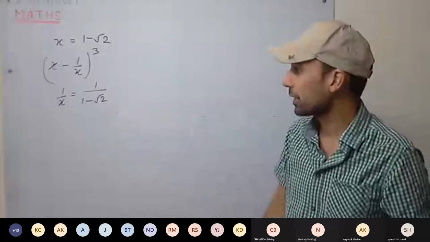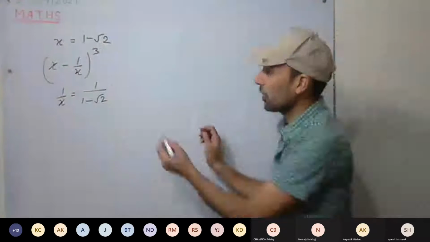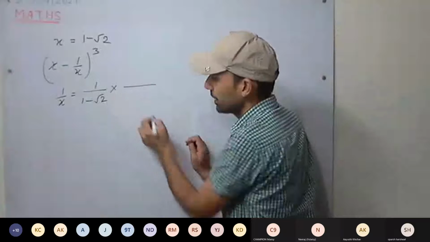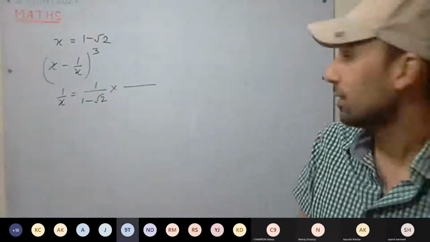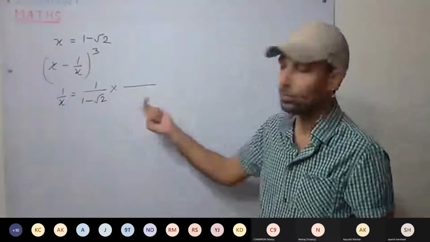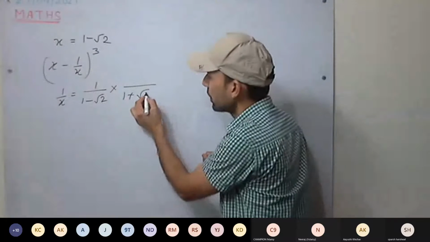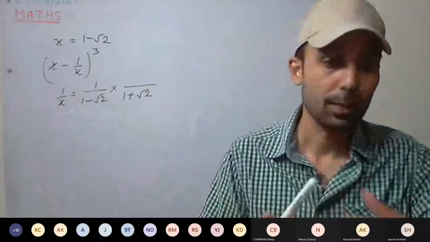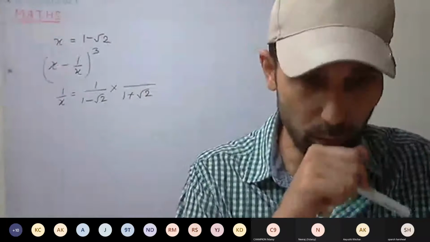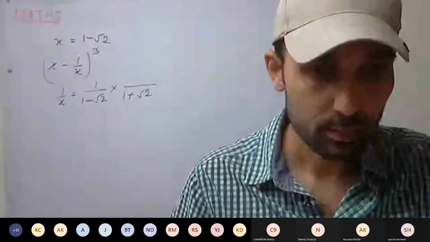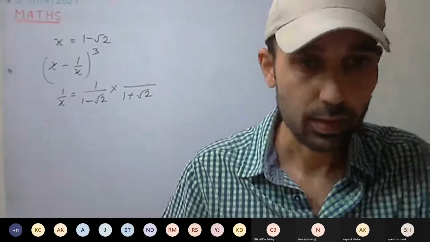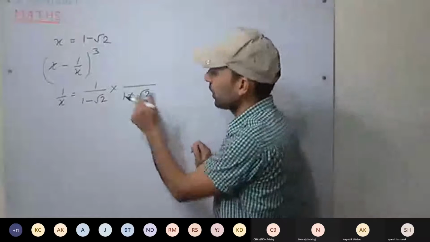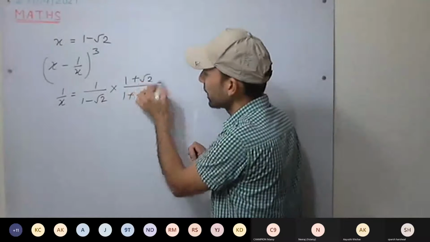Everyone rationalize the denominator. So by what we have to multiply? Nikita? Sir, 1 plus root 2. 1 plus root 2 we have to multiply numerator and denominator.